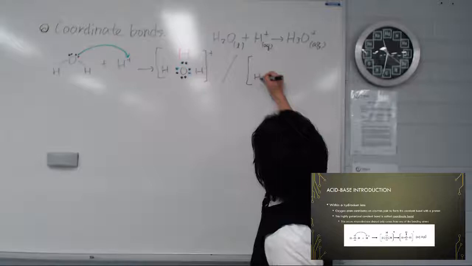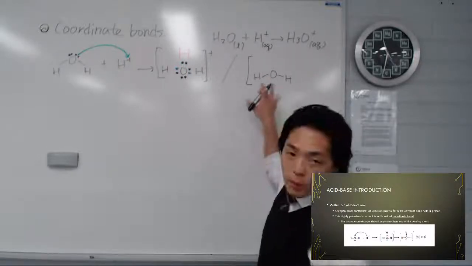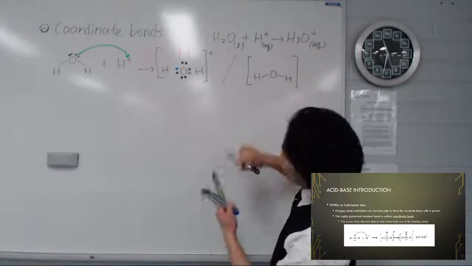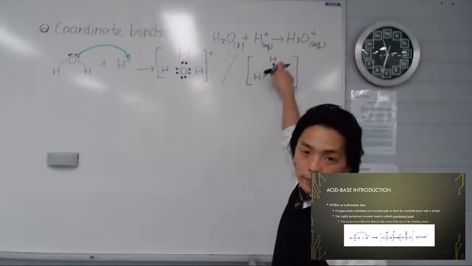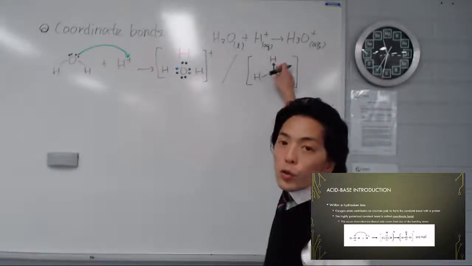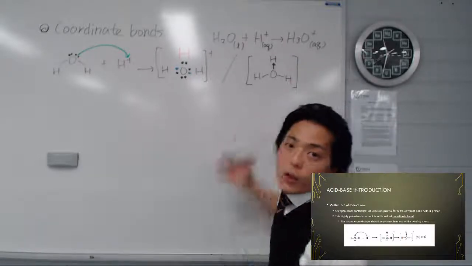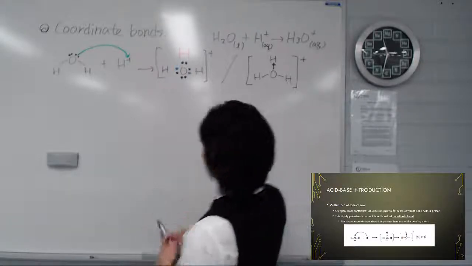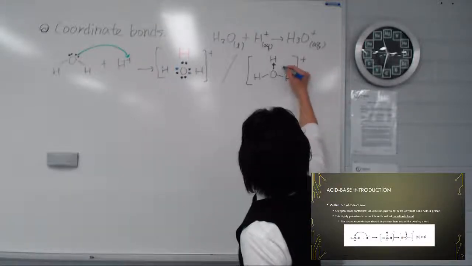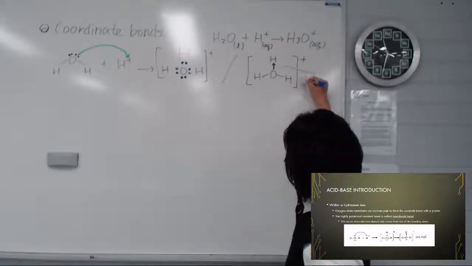If I use lines to show bonds, as a normal convention, an arrow is used to show that the electrons are shared to hydrogen in only one way. And the bond here is the coordinate bond.